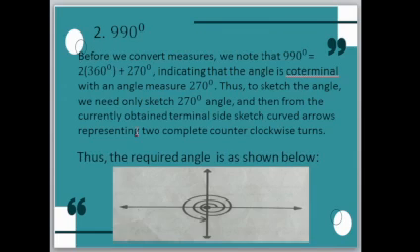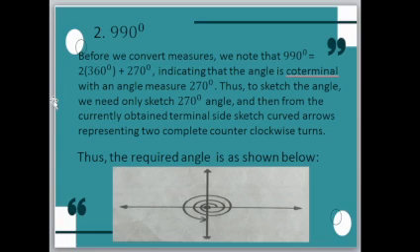Okay, next is 990 degrees. Before we convert measures, we note that 990 degrees is equivalent to 2 times 360 degrees, or two 360 degrees plus 270 degrees, indicating that the angle is coterminal with an angle measure of 270 degrees.